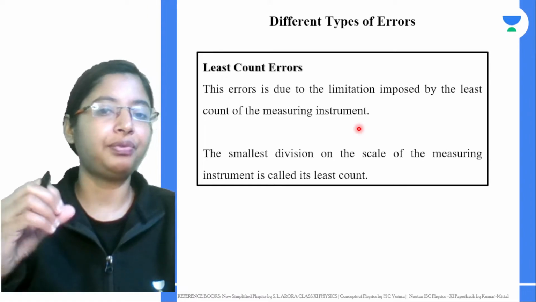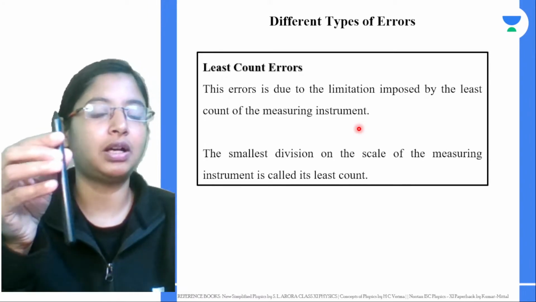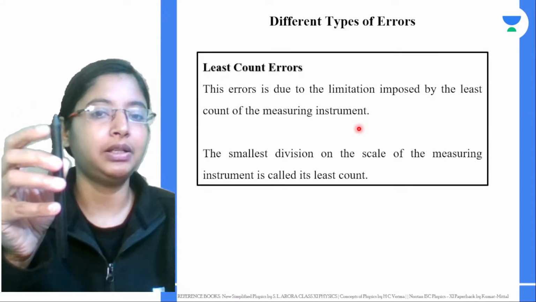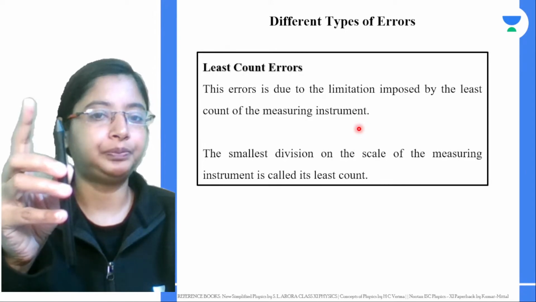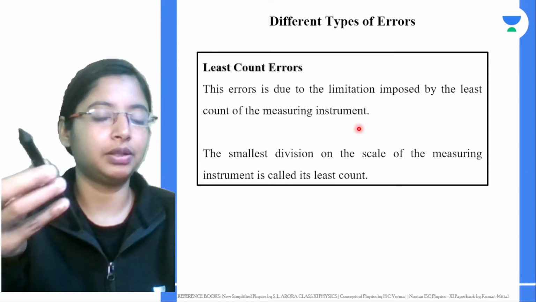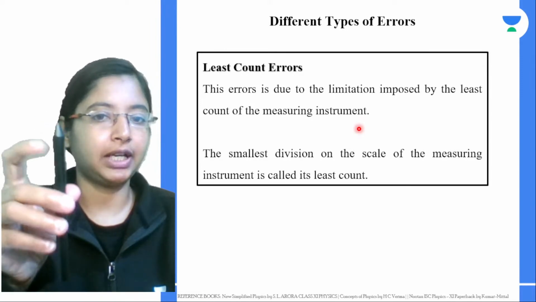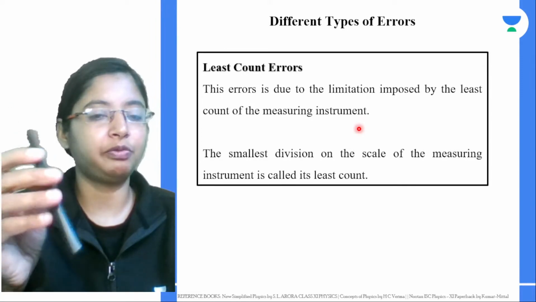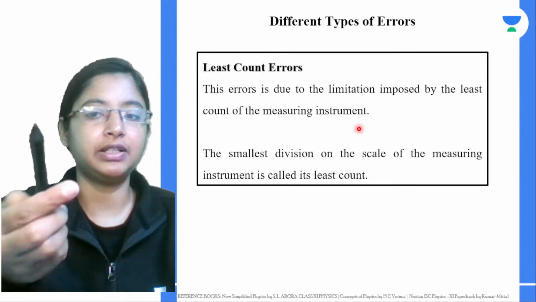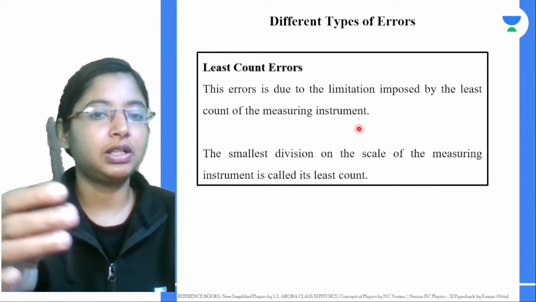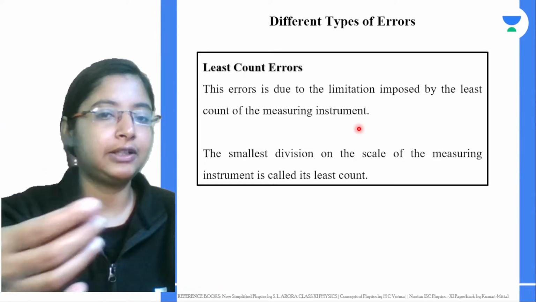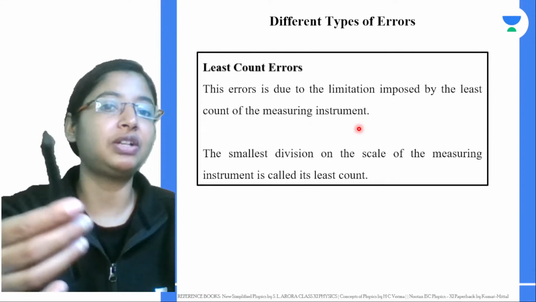Think of measuring the length of a pen using a meter scale and then using a vernier caliper. If I get 13.3 with the meter scale, using a vernier caliper I might get the length of the pen to be 13.35.